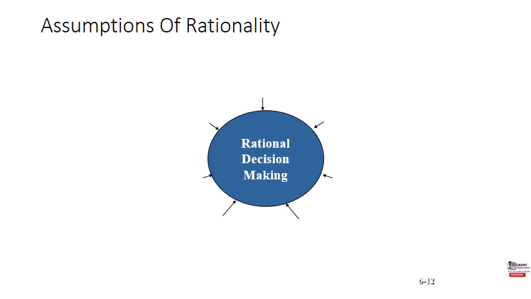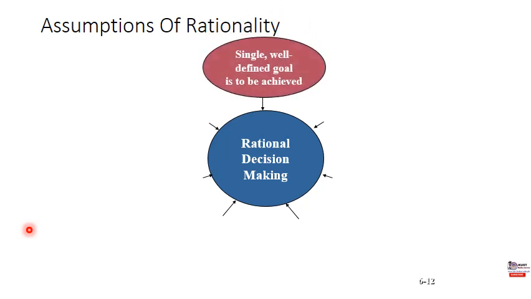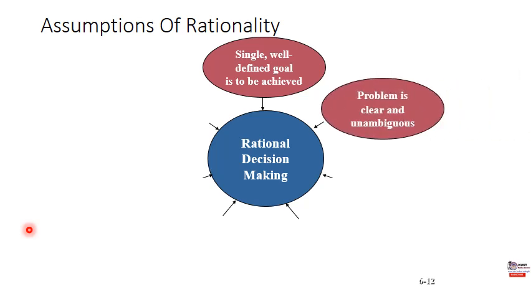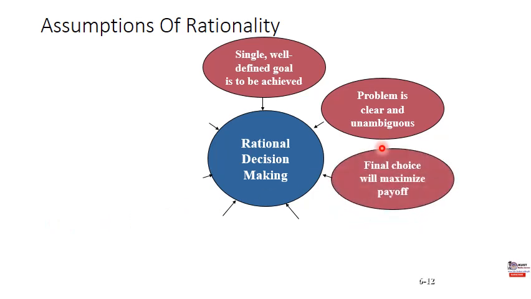Let's have a bit of discussion on rational decision making. Assume that it will have a single and well-defined goal that is to be achieved. The problem is clear and unambiguous. The final choice will maximize the payoff. That means whatever we select will give us maximum output or value, or you can say benefit.